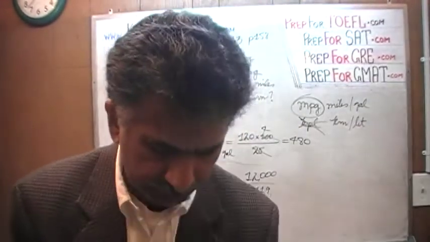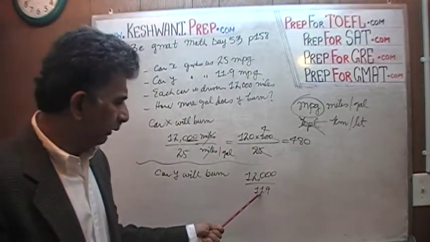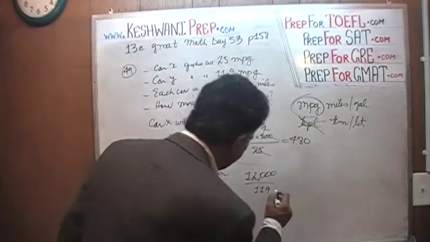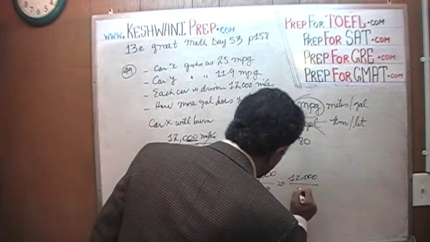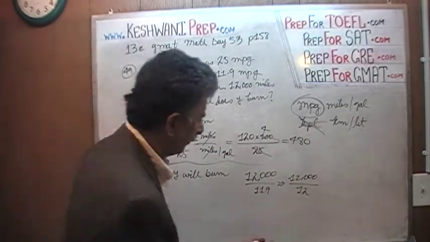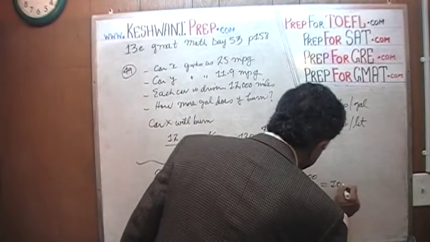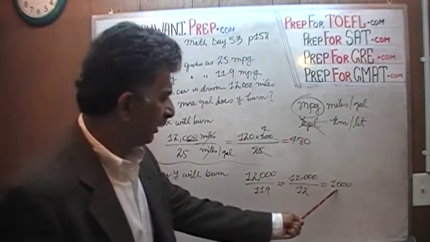I'm not going to write all of that, it's not necessary. So it's basically 12,000 divided by 11.9. 11.9 is pretty close to 12, wouldn't you say so? 12,000 over 12, because 11.9 is pretty close to 12. So 12,000 divided by 12 is 1,000. So car Y will burn 1,000 gallons.